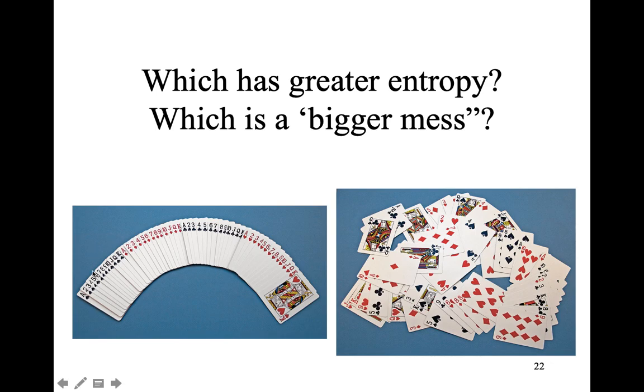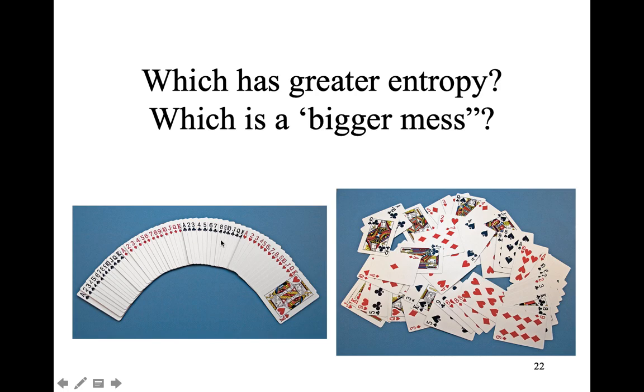So, here we have cards. They're all in order. And then you have the game called 52 Card Pickup, if you've ever played it. And, of course, which one is the bigger mess? Obviously, this is the bigger mess. So this one has the greatest entropy. Will these cards magically go this way?